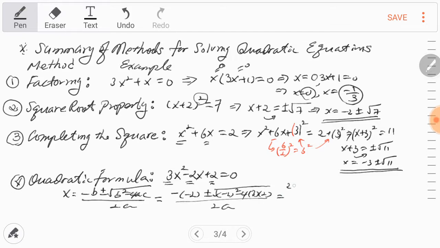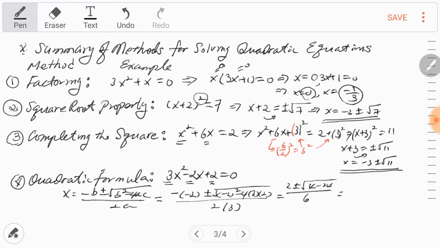Then positive 2 plus or minus square root of, okay, negative 2 squared is 4, minus 4 times 3 is 12, 12 times 2 is 24, over 2a. A is what? A is 3. So over 6.